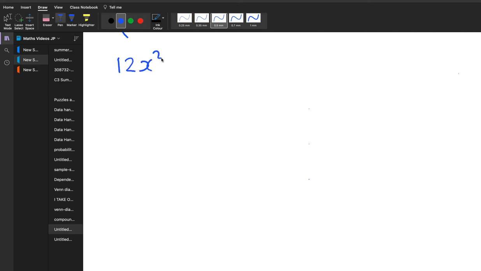12x squared plus 5x minus 3. Okay, so obviously we know 12, there's many combinations. There's 12 and 1, 6 and 2, 3 and 4. So for those who like to guess, good luck. You'll be guessing for a while. All right, so we're going to do 12 times minus 3. That gives us minus 36.